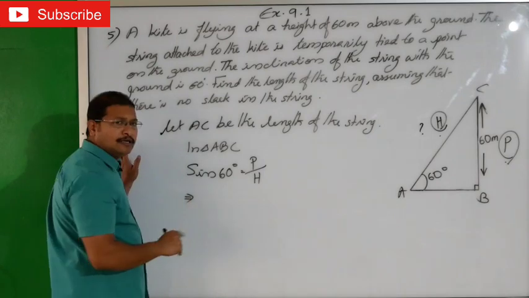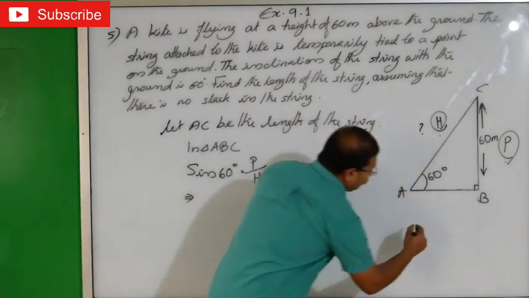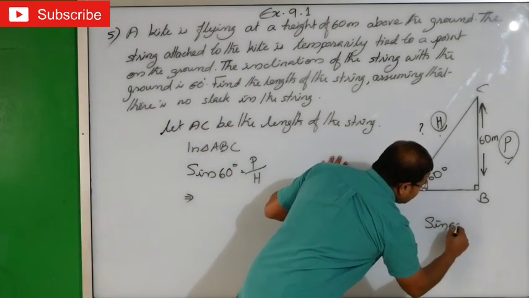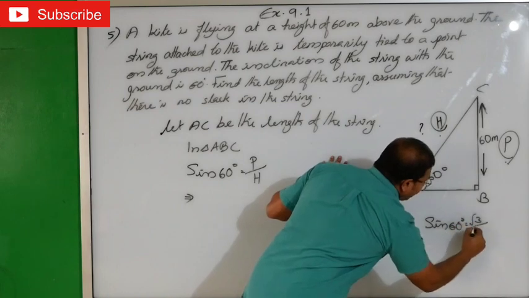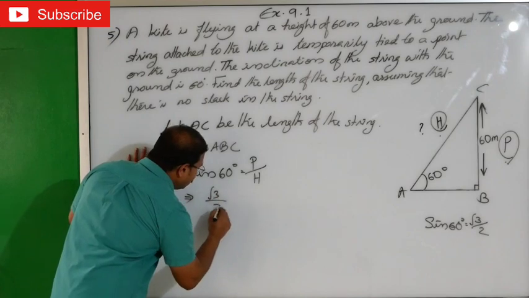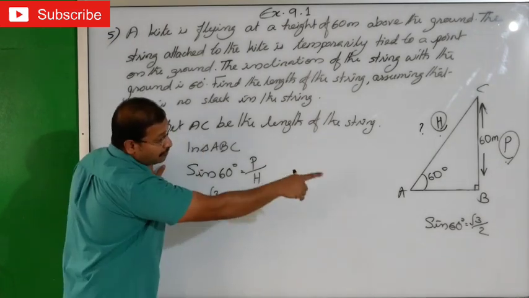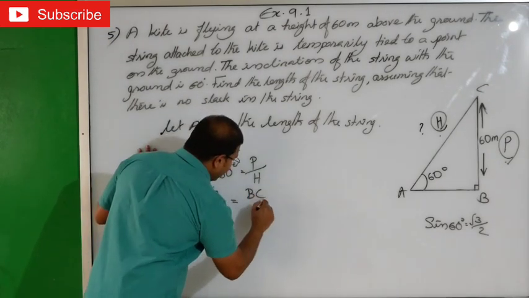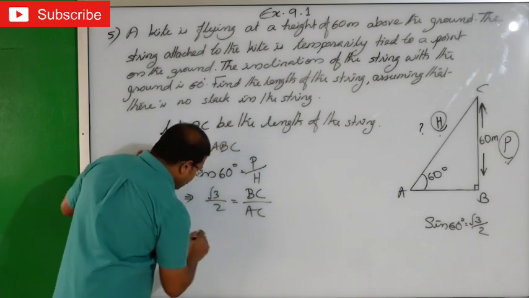That implies sine 60, you should know from the table. Sine 60 degree equals root 3 by 2. Ready? That implies root 3 by 2 equals perpendicular BC divided by hypotenuse AC.